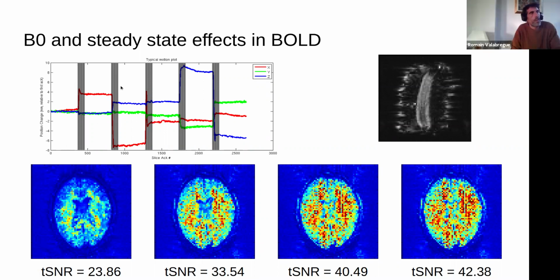Okay. Because I wonder, how can you be sure if it's the steady state effect or just remaining motion near the transition phase, if you see what I mean? It's a good point.